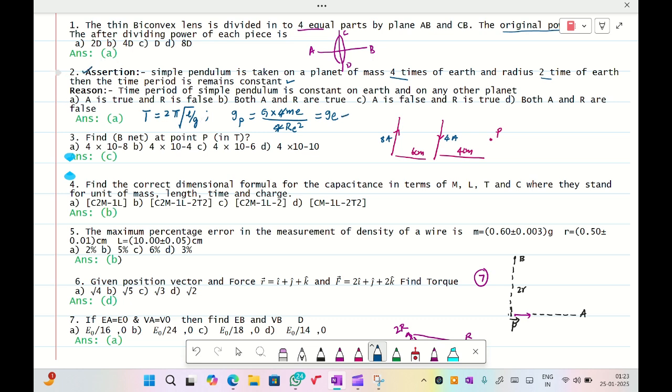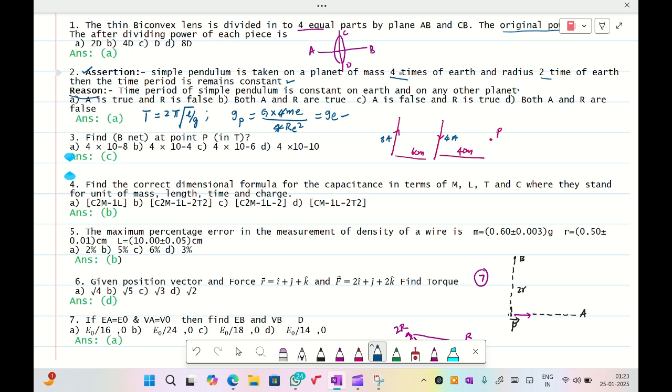So the assertion is correct. Whereas the reason, that the time period of a simple pendulum is constant on Earth and any other planet, this reason is wrong. Here it is constant because mass and radius are changed in such a way that they cancel: mass is 4 times, radius is double, so 4 cancels.